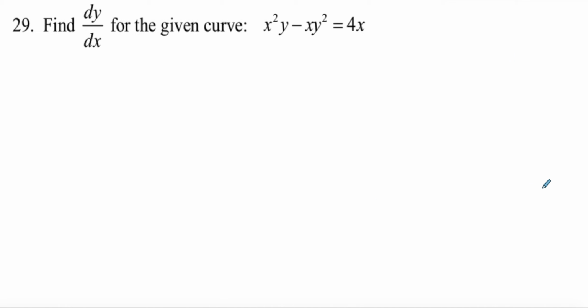Alright, let's move on to number 29. Same deal here. By the product rule we get 2x times y plus x squared dy over dx. So I just found the derivative of this one by the product rule. Same thing here, the derivative of x becomes simply 1, so we get the y squared.